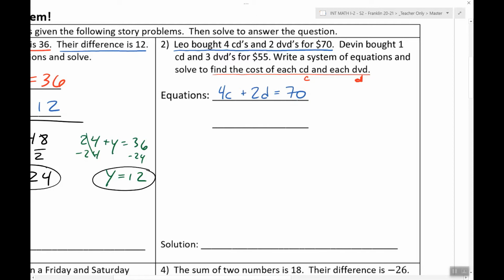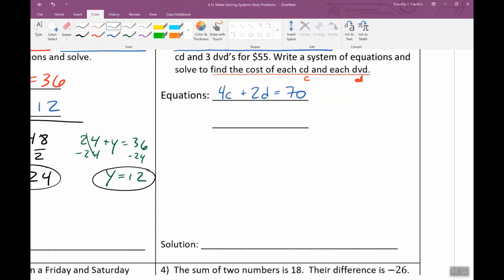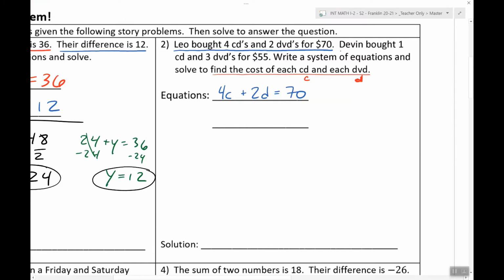So if we knew the cost of a CD and the cost of a DVD, we could plug those in for C and D, and this equation would be true. Now we need an equation for Devin. He bought 1 CD and 3 DVDs for $55. So that's 1C, or just C, plus 3D equals 55.